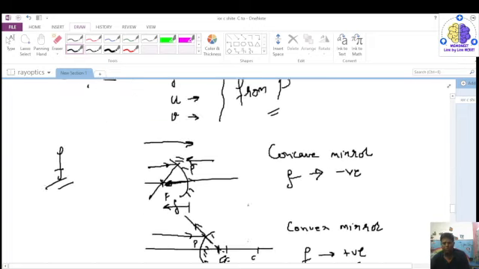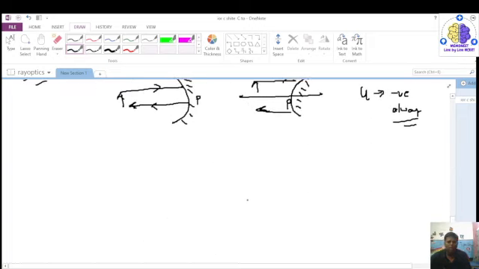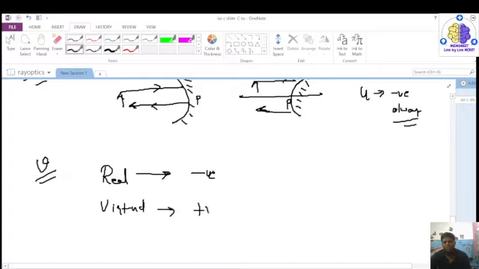So from here we conclude, if we talk about the image distance V, for real images the image distance is negative, whereas for virtual images the image distance is positive. So this is the sign convention.